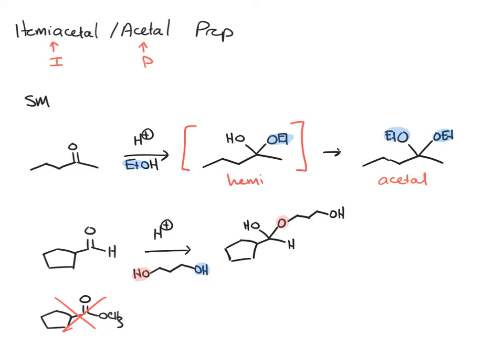Like that. All right, now, instead of using a second molecule of alcohol, your second alcohol is already part of the molecule. So then this one will bond to the hemiacetal carbon, and you'll lose that OH. So again, think of this as your intermediate.